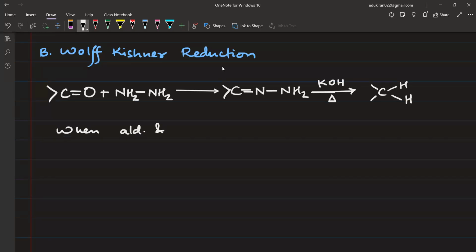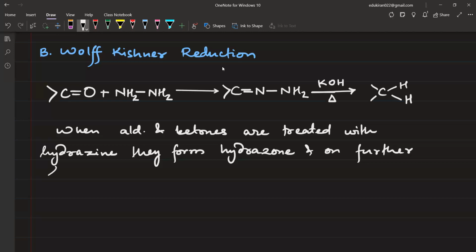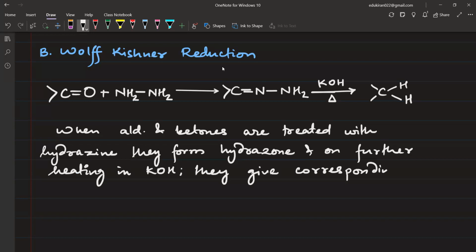When aldehydes and ketones are treated with hydrazine, they form hydrazone, and on further heating in KOH, they give the corresponding alkane.